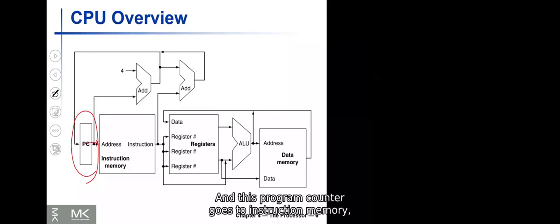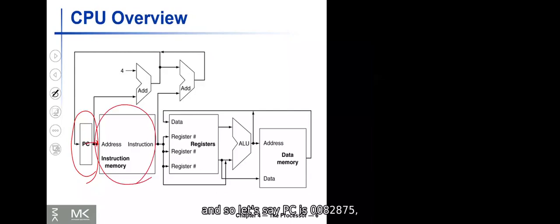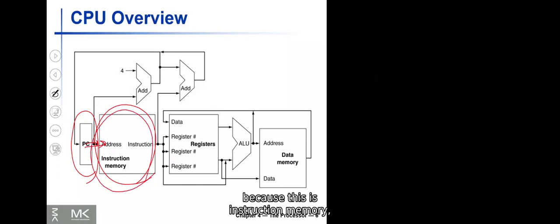This program counter goes to the instruction memory. Let's say the PC is 00A287 something, a 32-bit value. It goes to the instruction memory, and this would be the address. Because this is instruction memory, we know that we just read from it.